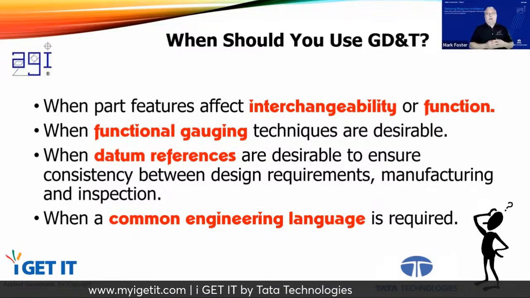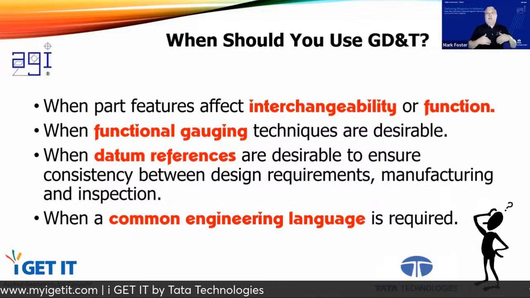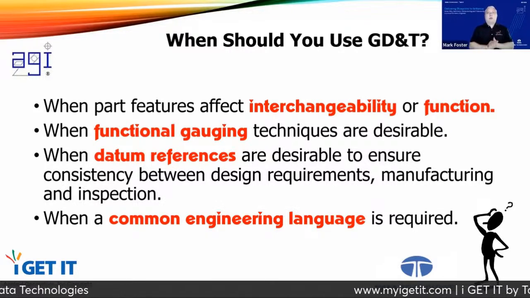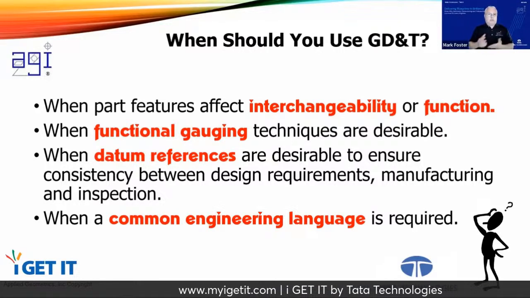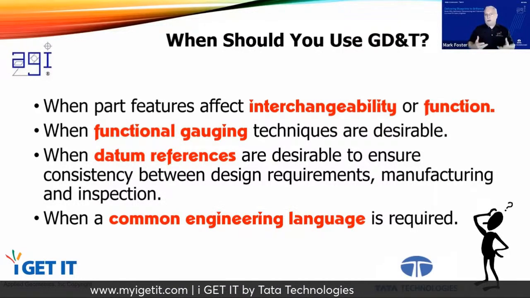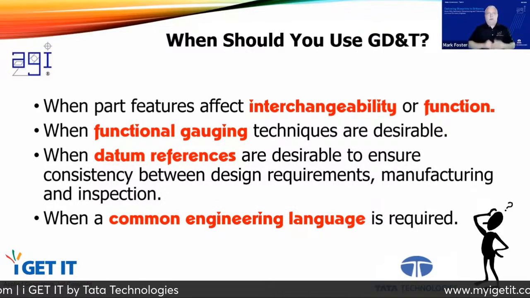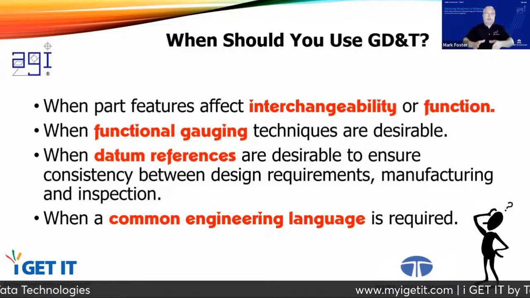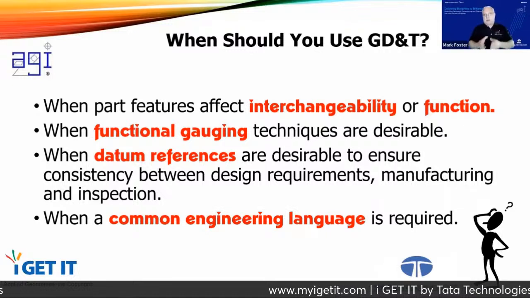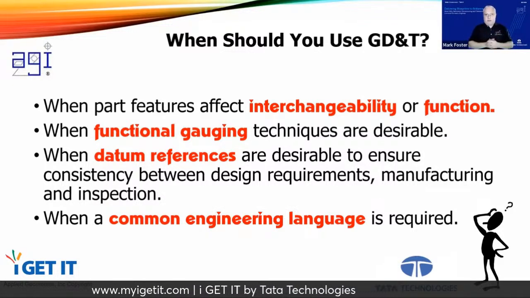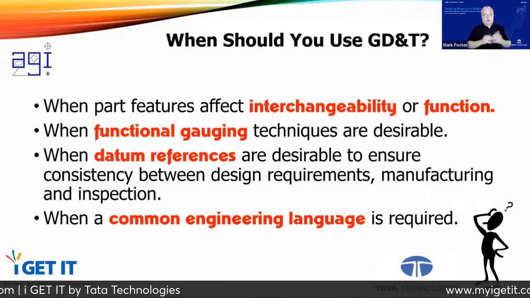But if you want to have the option to gauge your things, using proper GD&T lends itself very well to creating functional gauges. Whether you actually go make a gauge or not is an economic question. It depends on the volume that you're looking at and how much education level the people who are doing the measuring need to have, et cetera. But if you want to have the option to gauge things, using proper GD&T lends itself to that very well.